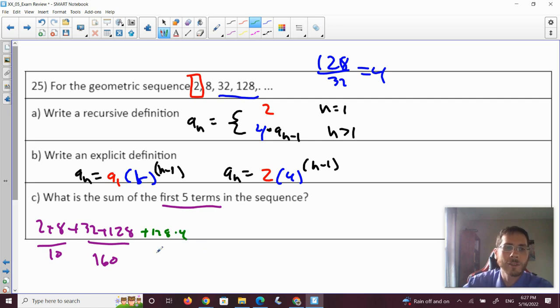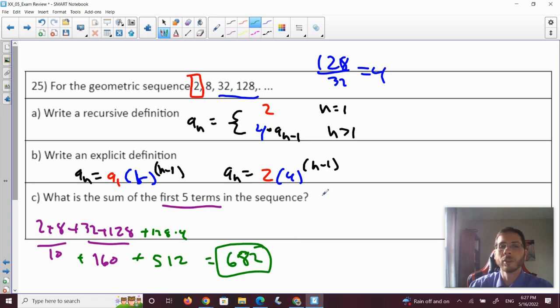And that'll give me my last term. So 128 times 4 is going to be 512. So if I add these together, I get 170, 670, 680, 682. Again, you could add it with the sigma, you could add it with the sum formula, but with only 5 terms, and I'm already giving you 4 of them, we may as well just find the last one by hand and just add them up manually.